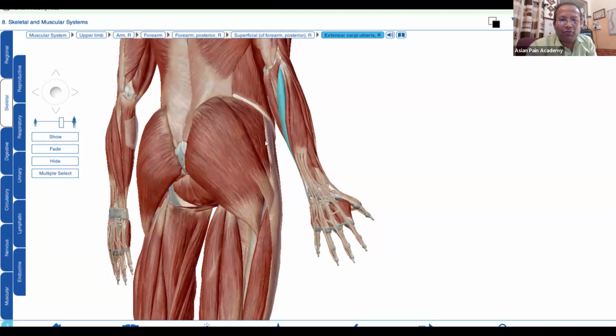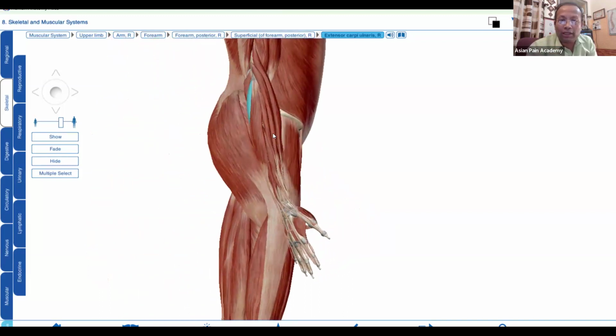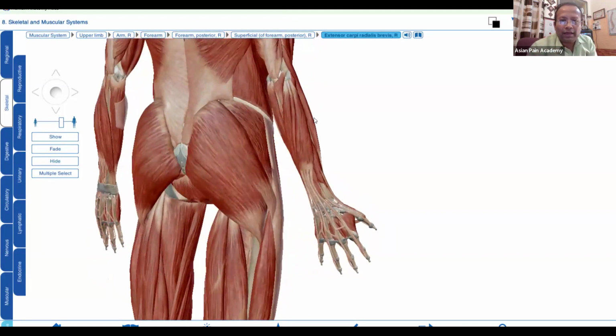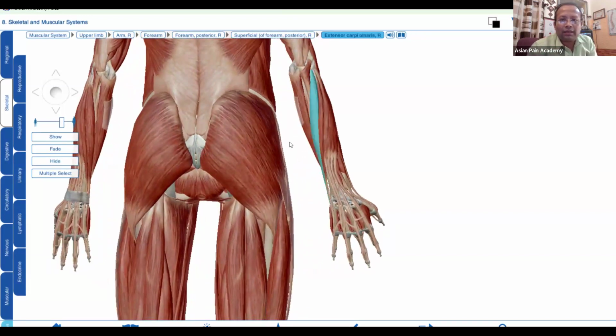So if I remove all these tendons, then let us see what is left. Common extensor tendon I am removing now. ECRL removed, ECRB removed, then comes extensor digitorum removed, then extensor carpi ulnaris removed, and then extensor digiti minimi removed.